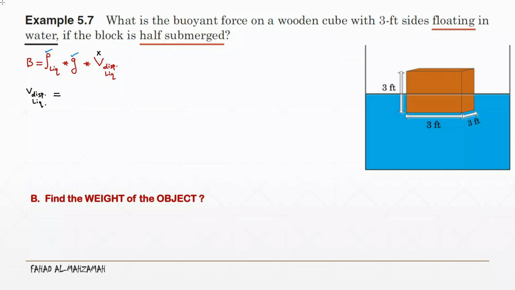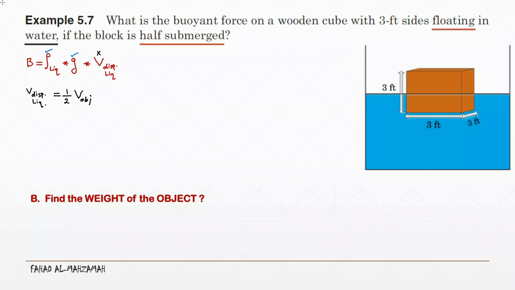Since it's half submerged، يعني نصفه مغمور، لذلك نصف حجمه يساوي حجم السائل المزاح. So it will be half of the volume of the object.